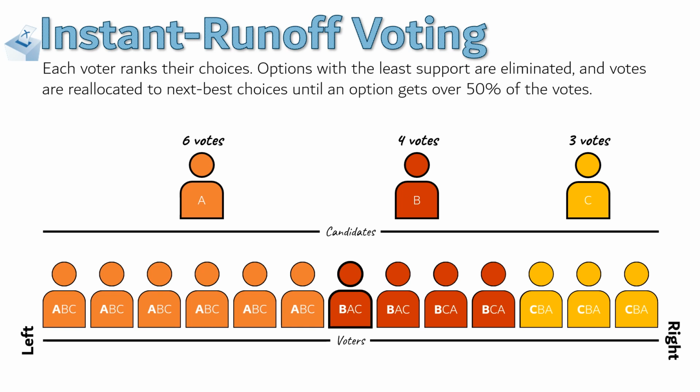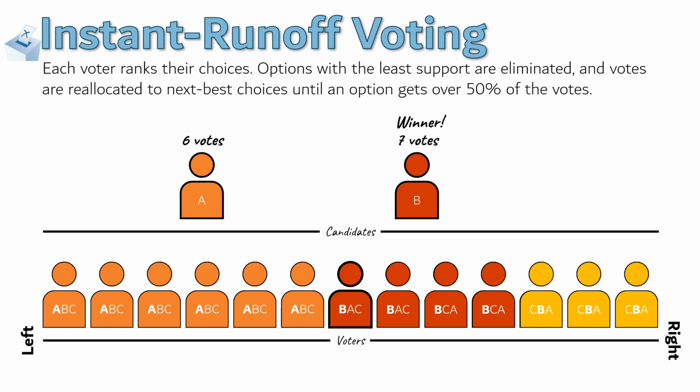Since the yellow party candidate got the fewest votes, though, they are eliminated. Now, the voters who rank C first have their ballots redistributed to their second choice, which for all 3 is B. Candidate A gets 6 votes, while candidate B gets 7 votes, and is declared the winner.